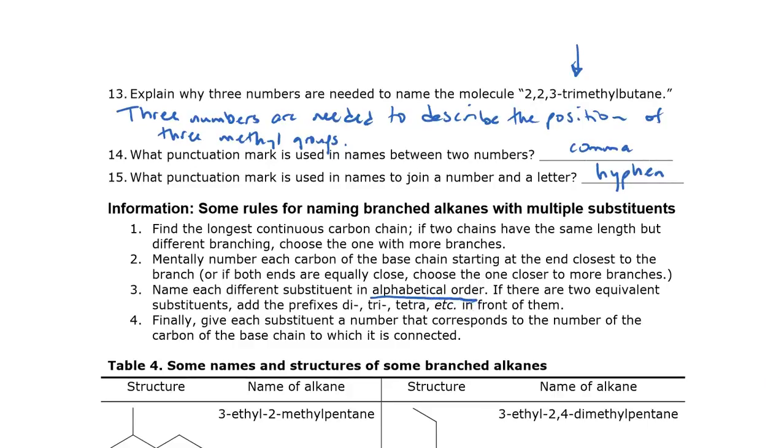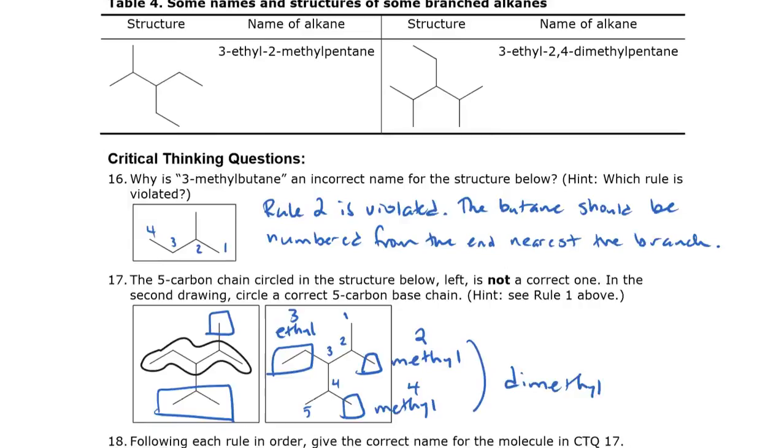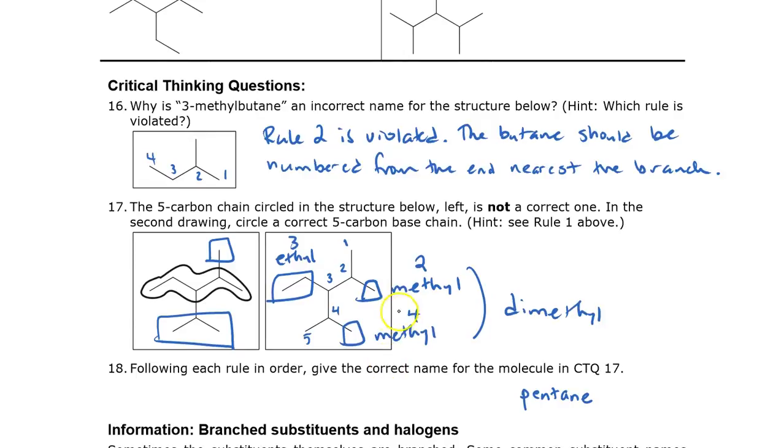Now the thing about alphabetical order, which you may not have known because it doesn't say so in the rules, is that these prefixes don't count when you alphabetize. So when I put them together, I have ethyl and I have dimethyl, but I put the ethyl first because ethyl comes before methyl. I don't count the di when I'm doing the alphabetizing.